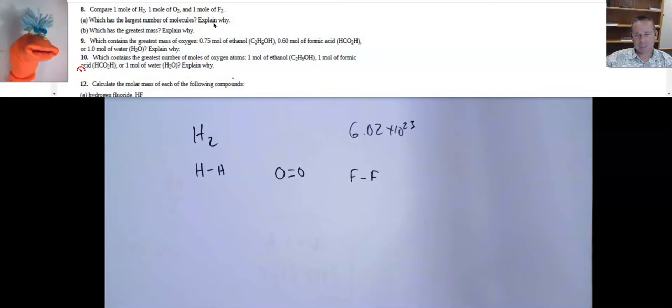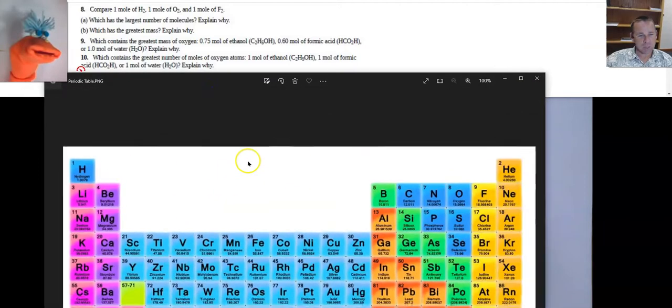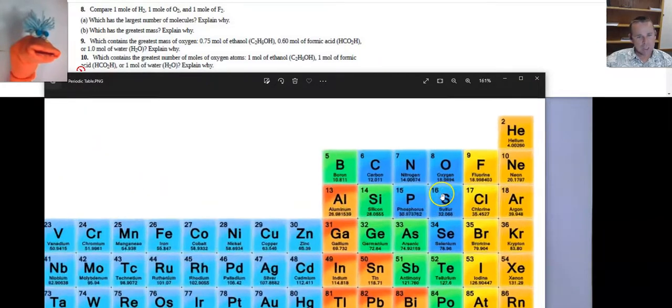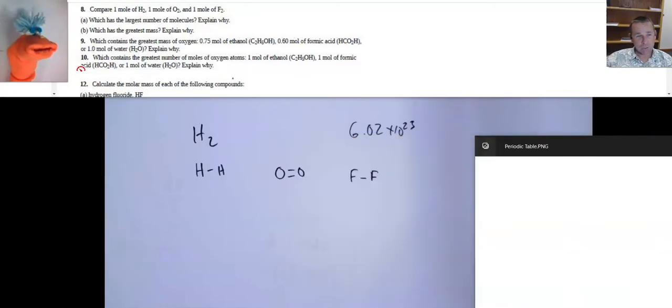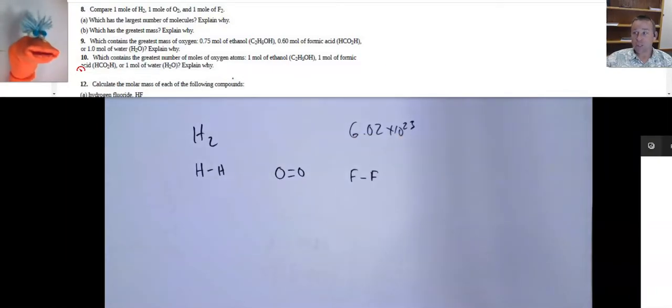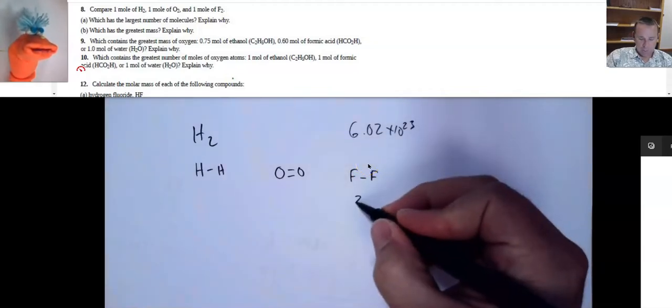Which has the greatest mass? Is oxygen the heaviest? I think it's fluorine, actually, right? If you look on the periodic table, oxygen is 16, but fluorine is 19. And that's just 1 fluorine. So F2 would be 19 times 2? That's right, 19 times 2, or 38. So 1 mole of this would have the greatest mass. It would have a molar mass of 38.